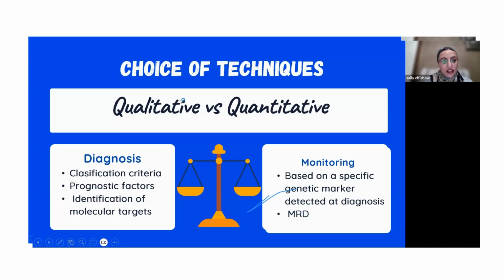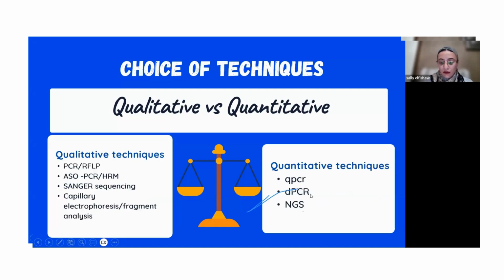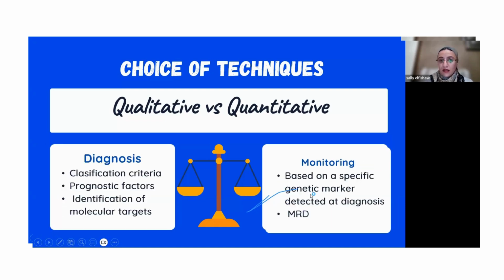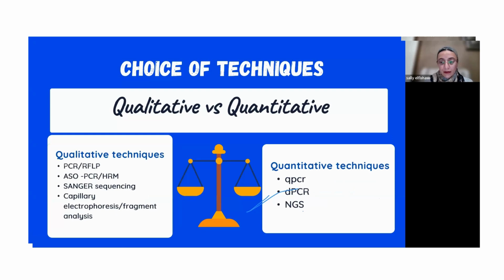We have a specific genetic alteration that we monitor over time for follow-up, and we have the minimal residual or measurable residual disease assessment. If we think of it this way, quantitative versus qualitative molecular tests, then we can assign the techniques for ordering these molecular tests.